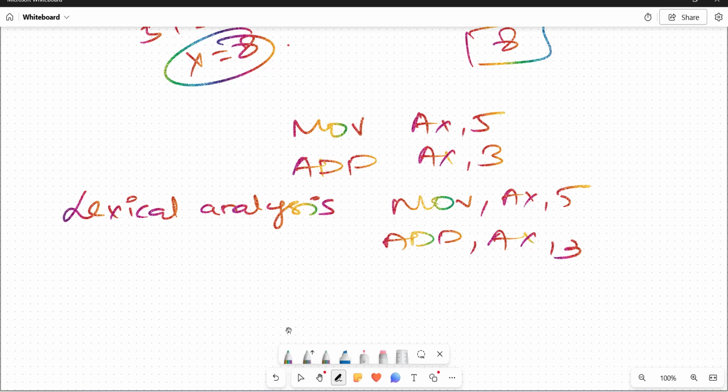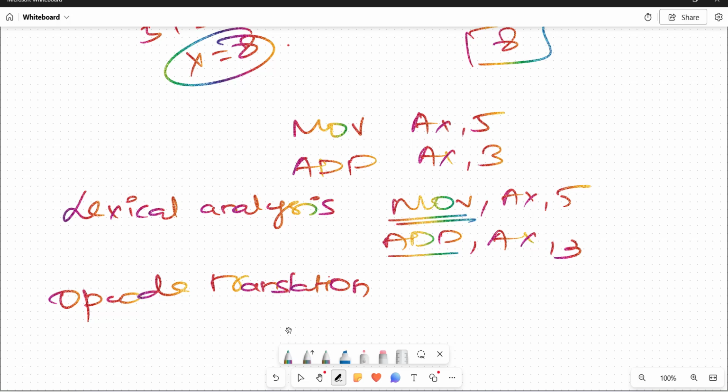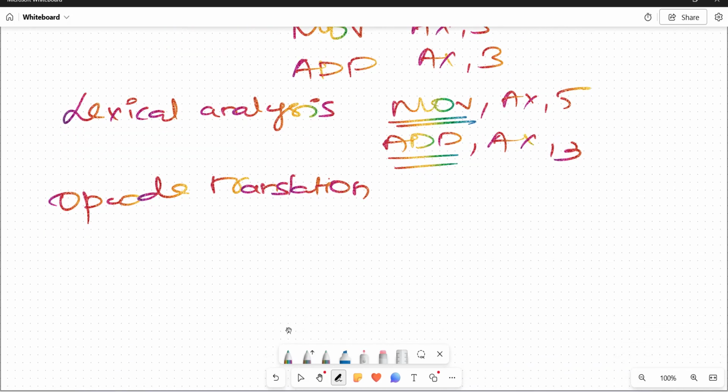And the second step is opcode translation. Each mnemonic, like MOV and ADD, represents a specific binary code. So here, MOV AX, 5 becomes like this.